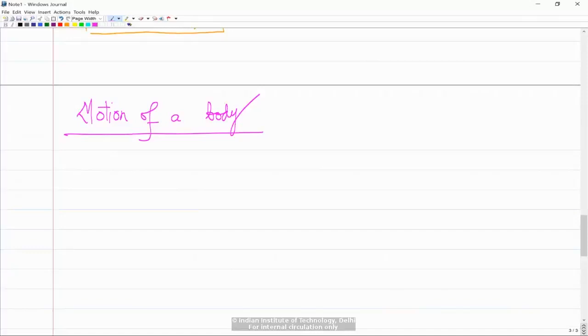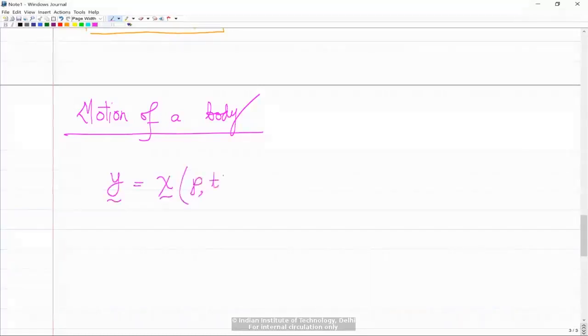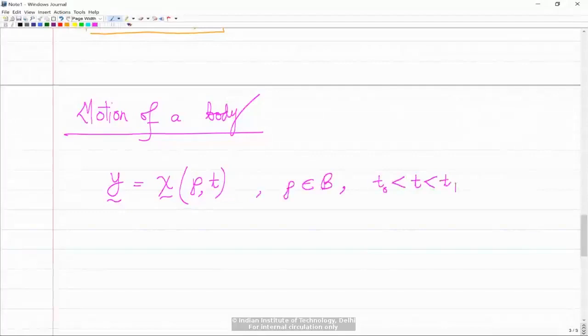So you can say that the current coordinate y is a function of both the particle p and time t, where this particle p is any particle in this body b, and this time t could be, let us say, between t0 and t1, during which you are looking at the body.